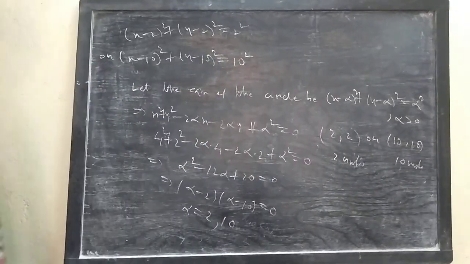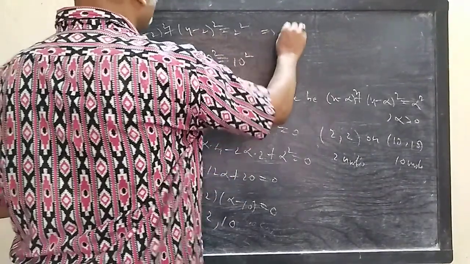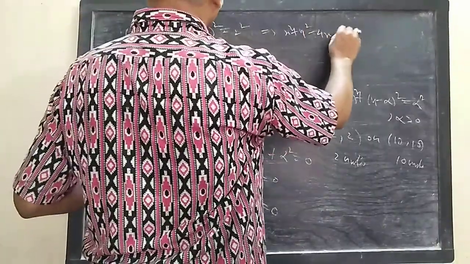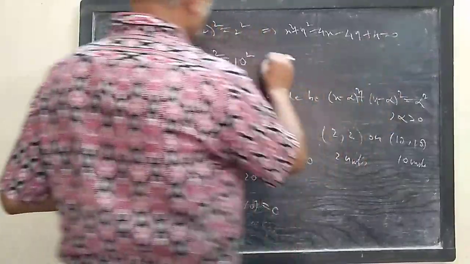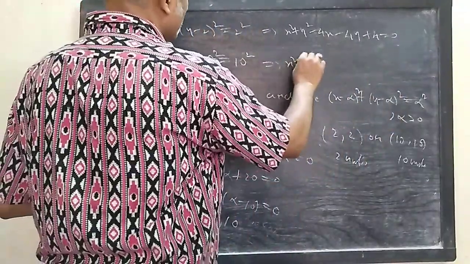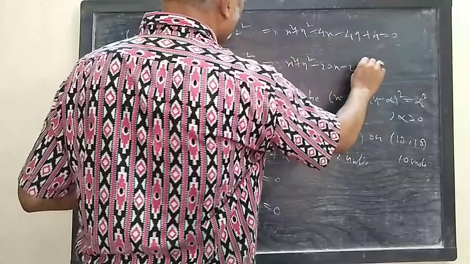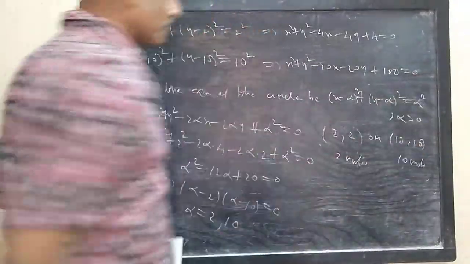You can keep the answer in this form, or you can simplify it. X square plus y square minus 4x minus 4y plus 4 equals 0, or x square plus y square minus 20x minus 20y plus 100 equals 0.